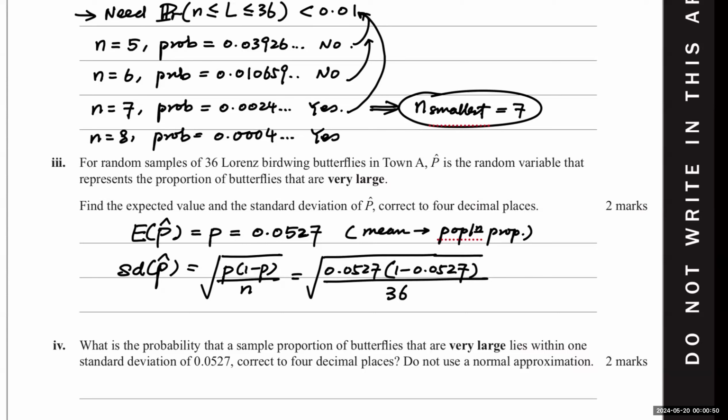And using your CAS calculator, you are able to obtain that, which was approximately 0.0372, okay? For 4 decimal places.